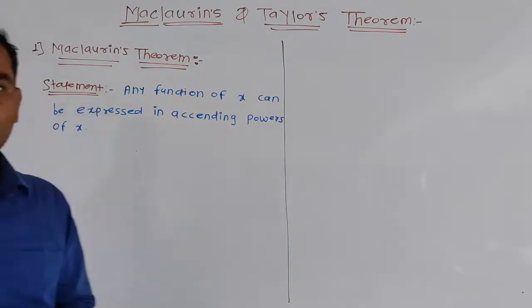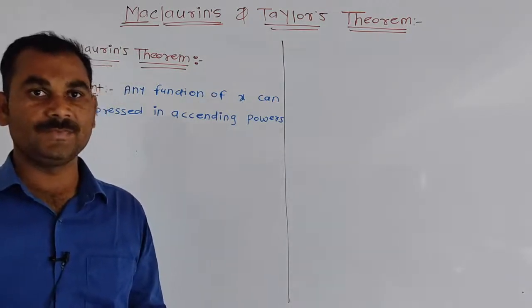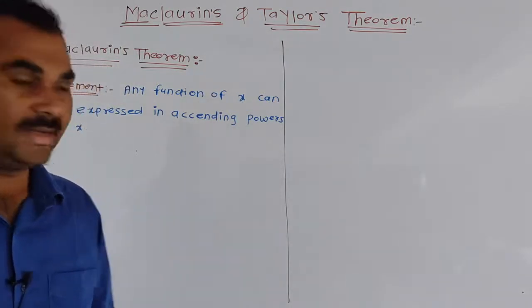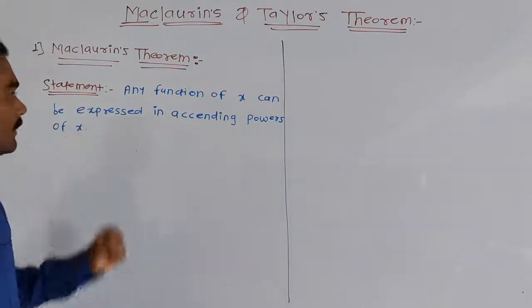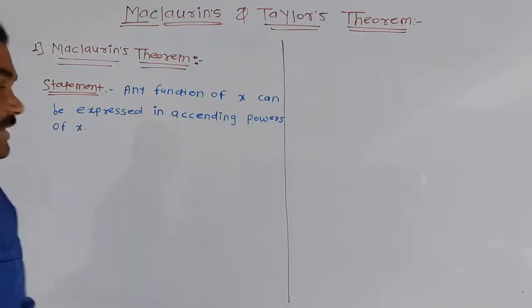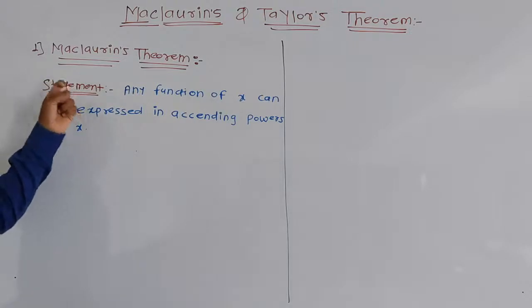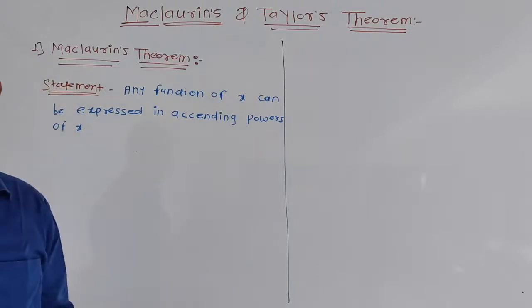That is, suppose we have any function of x, then this function can be written in the ascending powers of x. This is the statement of the Maclaurin theorem.